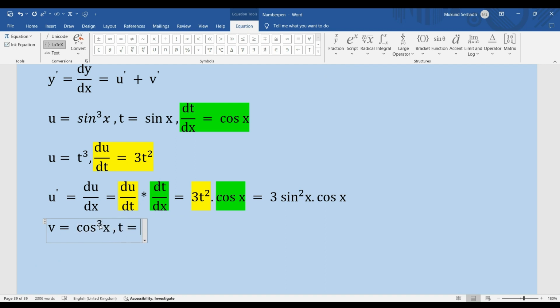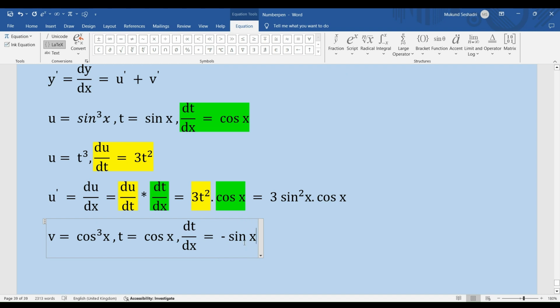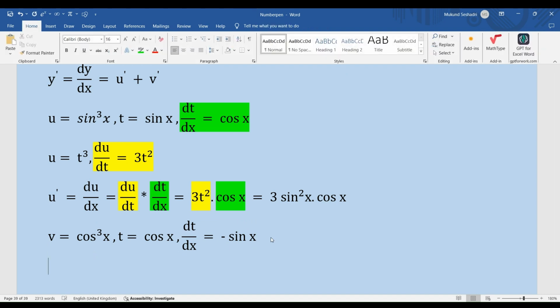Then I'm going to do the substitution t equals cos x, right? And what is my dt by dx? From first principles, I know that d by dx of cos x is minus sine x, right? So there I have my step one done.